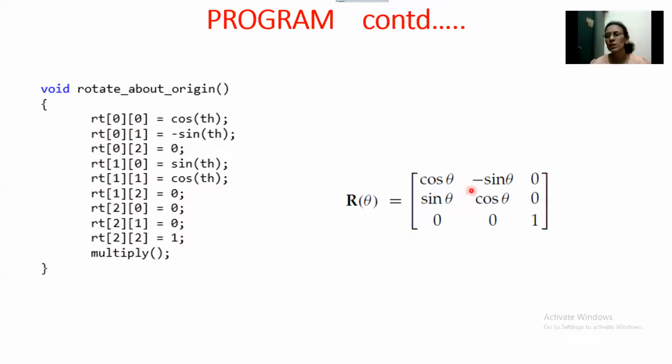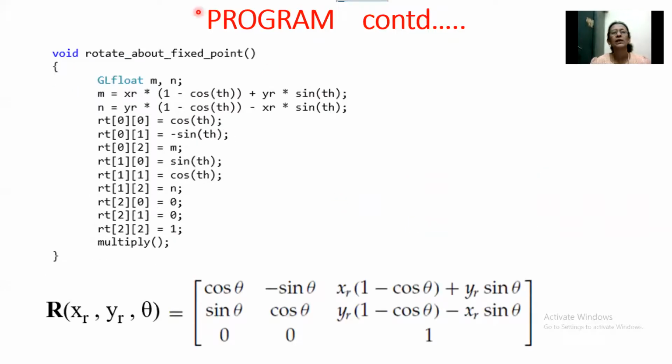RT 0,0 is cos TH, 0,1 is minus sin TH, and 0,2 is 0. 1,0 is sin TH, 1,1 is cos TH, and then 0, 0, 1. Now, once you do this transformation, you have to apply it to the point. That is why you are multiplying. So this will be the function that will be called if you select rotate about origin.